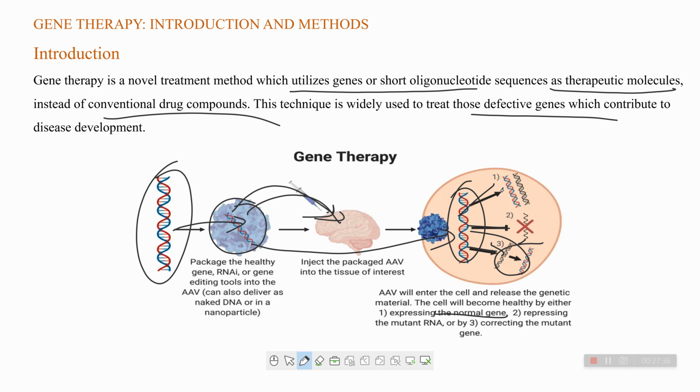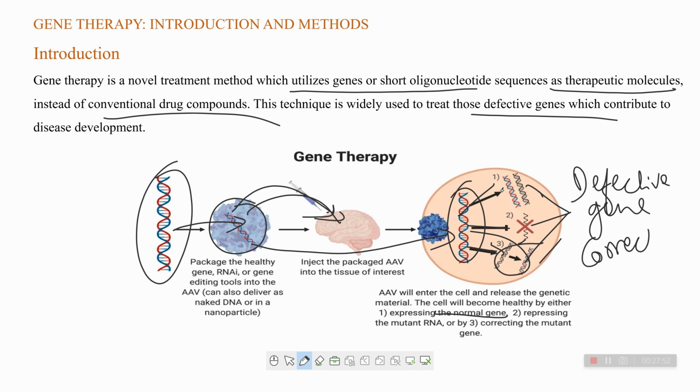So in all these three possibilities, the defective gene will be corrected. So gene therapy is the method by which we correct the defective gene which contributes to disease development.